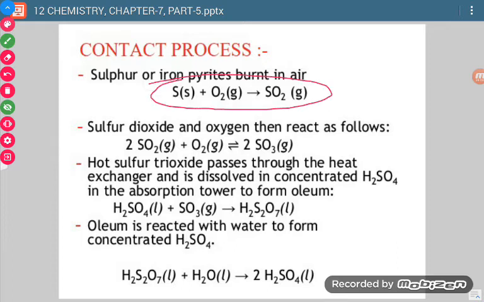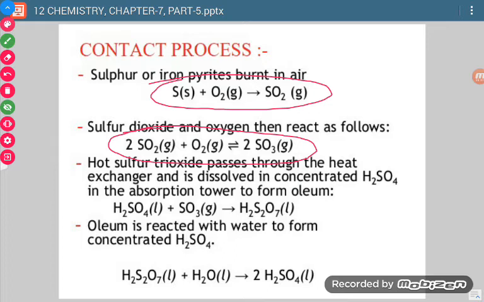First of all, sulfur is burnt, or from iron pyrite, oxidation of iron pyrite produces sulfur dioxide, or simply by burning or by combustion of sulfur there is formation of sulfur dioxide. Then sulfur dioxide undergoes oxidation and forms sulfur trioxide.